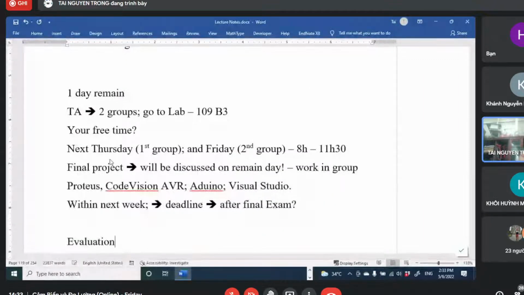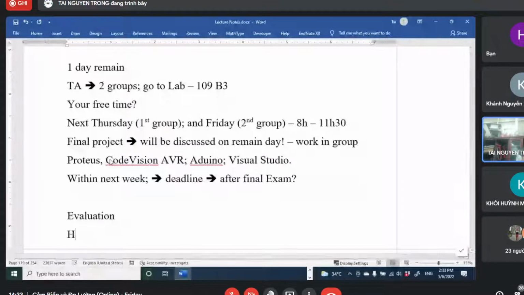About the homework. CVP is the average. It means that average or not.